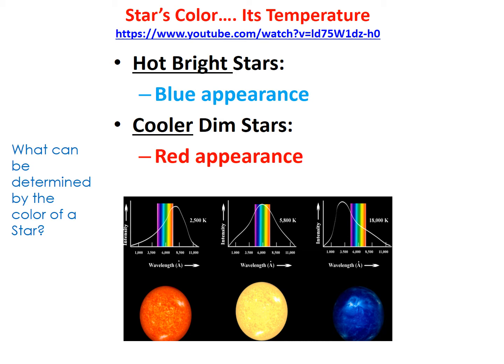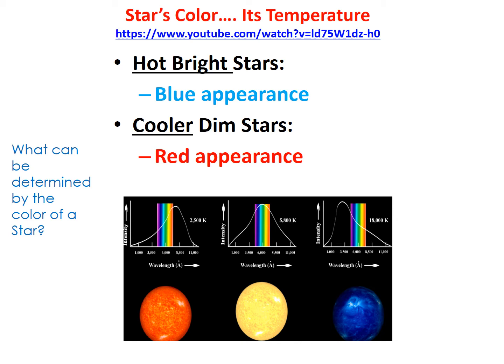But the main big takeaway from the HR diagram is that the hot, brighter stars that are out there in the night sky are actually blue in appearance, and you can see these at night. Last night was a great night to watch stars, if you can get away from city lights. Obviously you can tell the red ones.